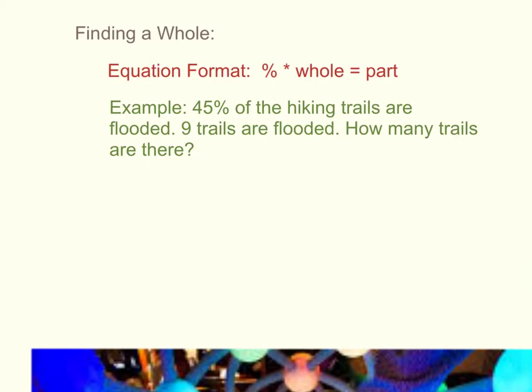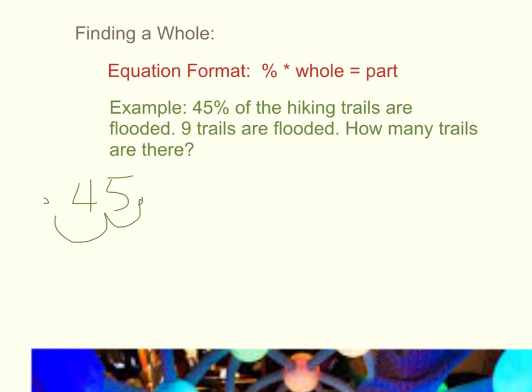Well, my formula for solving this is the percent times the whole equals the part. My percent, 45%, I need to take and write as a decimal. To turn the percent into a decimal, I simply need to take my percent and divide it by 100 or move my decimal point 2 places to the left.